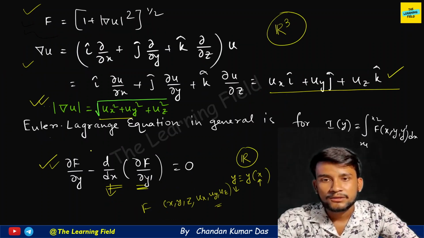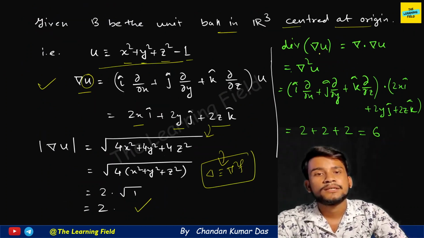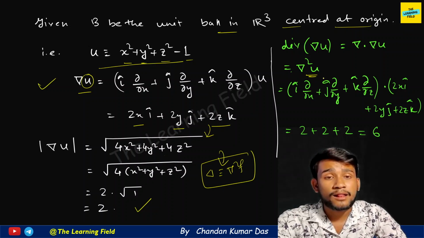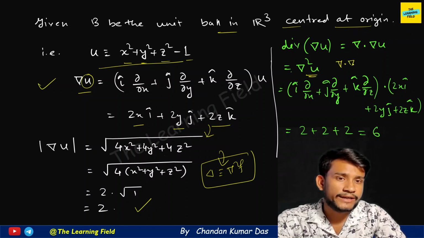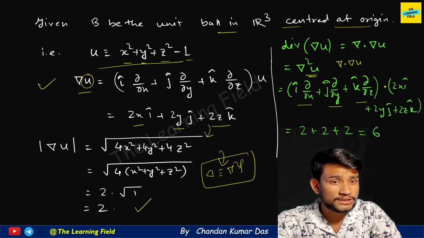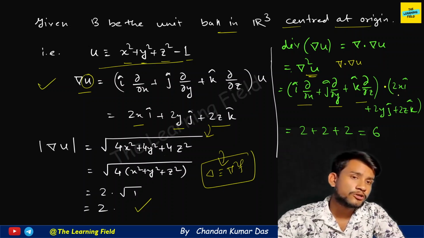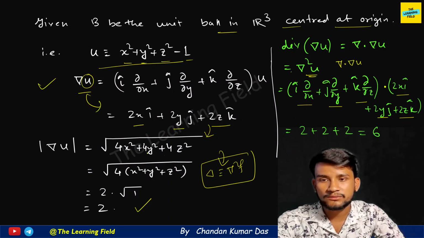So we take grad square u, this is nabla square u, which is equal to del dot del u. Del dot means i del del x plus j del del y plus k del del z, dot means vector dot product, of 2x i cap plus 2y j cap plus 2z k cap, which is the grad u value we calculated here.